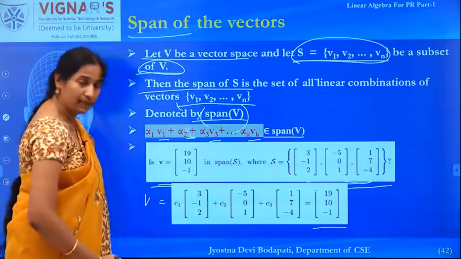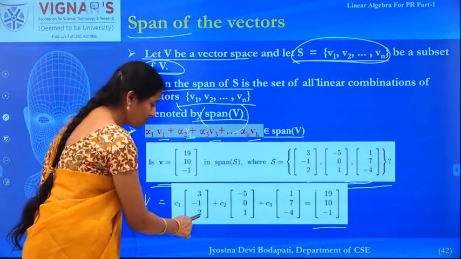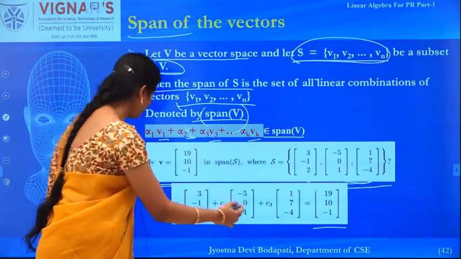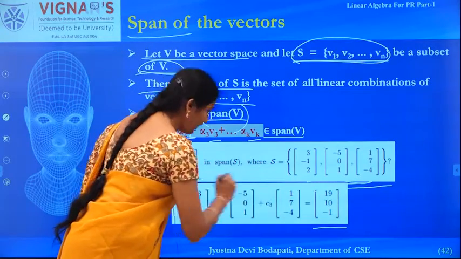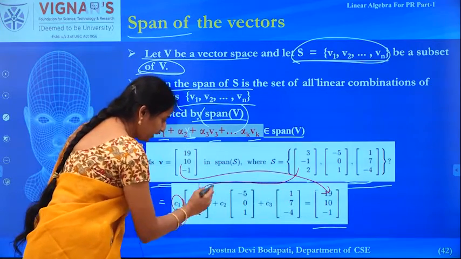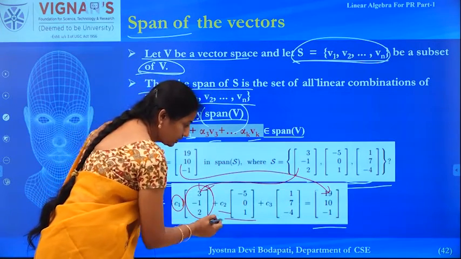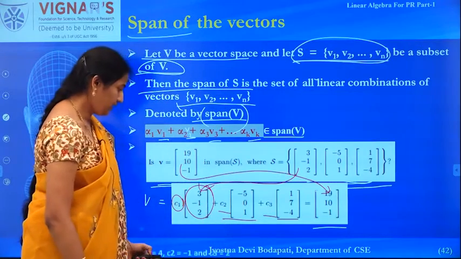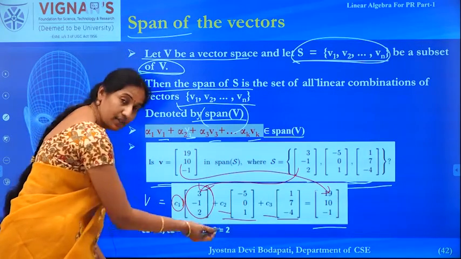This V can be written as C1 into (3, -1, 2), that is the first vector, and C2 into the second vector, and C3 into the third vector, where C1, C2 and C3 are these values.